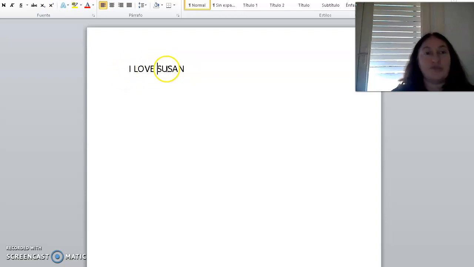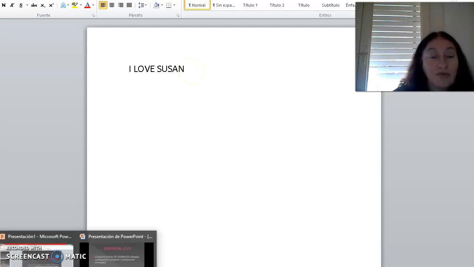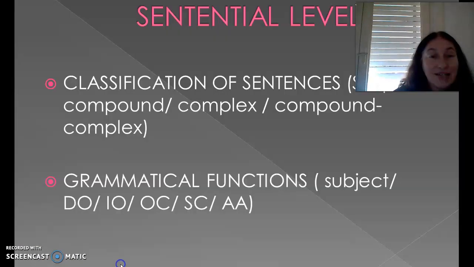Remember the classification of pronouns. So Susan is a direct object. But the only way to know is if we have the whole sentence, because this is a concept that belongs to the sentential level.